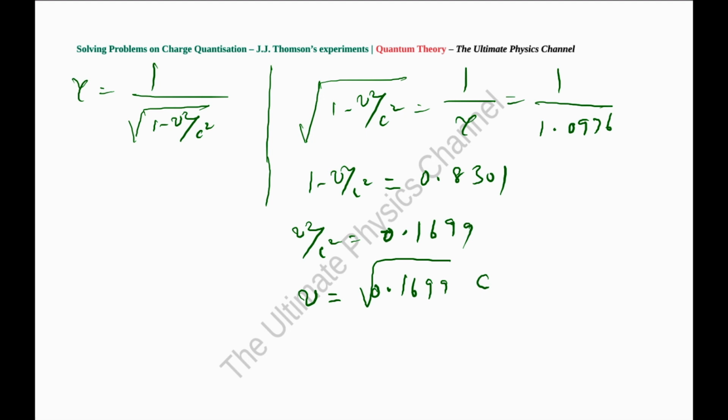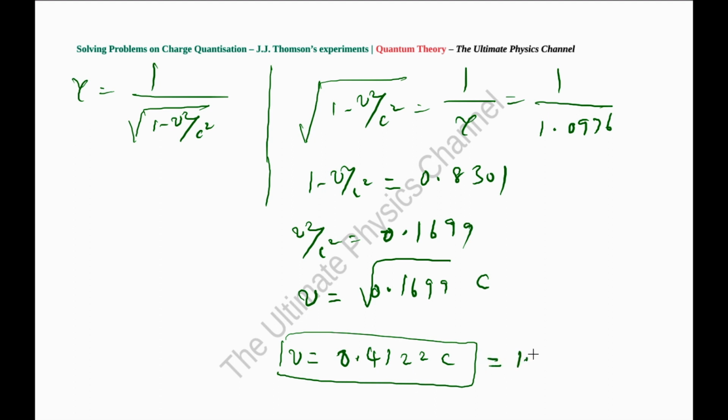If you do this, you end up getting V equal to 0.4122c. Of course, if you multiply c by this factor, 3 into 10 power 8 times 0.4122, the final velocity in meters per second is 1.237 times 10 power 8 meters per second. That is the answer for the velocity of the electrons.